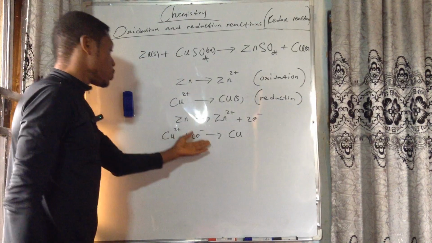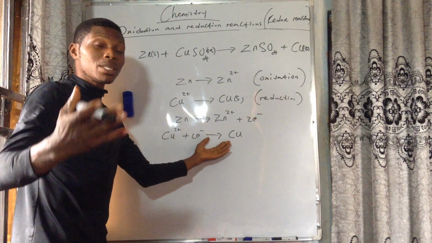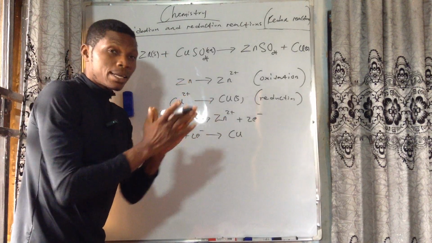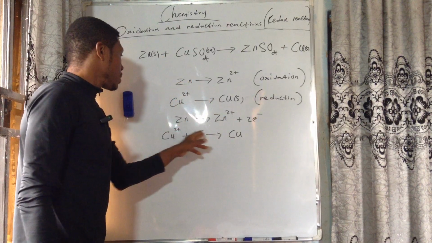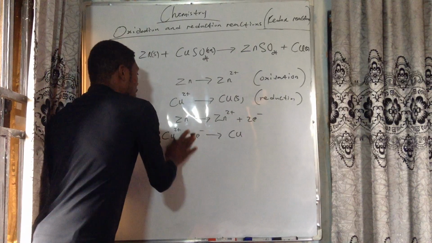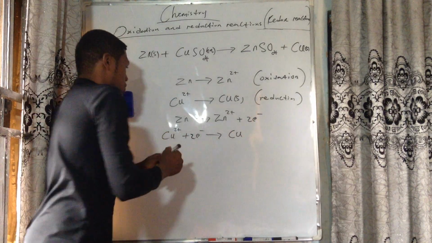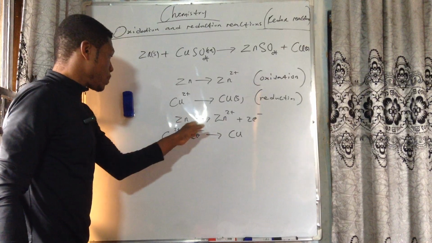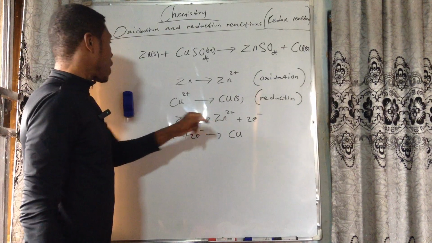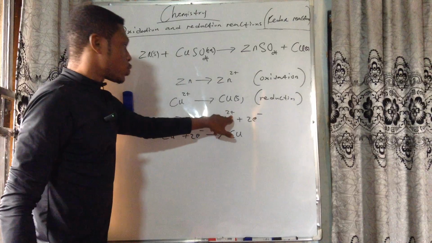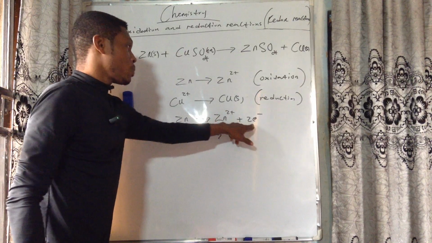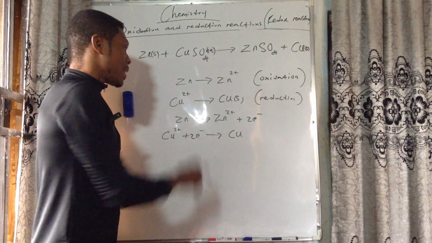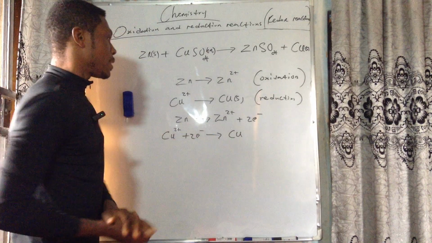So this balancing means balancing by charge, making sure that the charge here is 0. You see, 2+ plus 2 electrons is 0, that is 2 plus 2 minus 2 is 0. So this is 0, and 2+ plus 2 minus 2 is also 0. This is minus 2. Just interpret it like that.